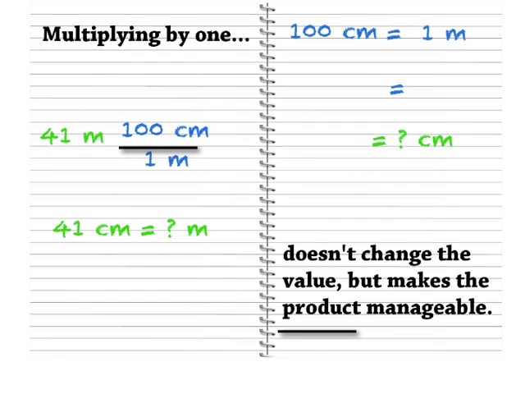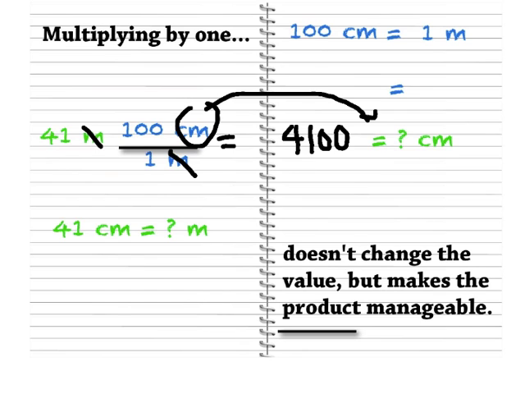We can now cancel our units, because units on the top and units on the bottom allow us to cancel them out. So now we have 41 times 100, and that's going to equal 4,100. And our final units are centimeters.